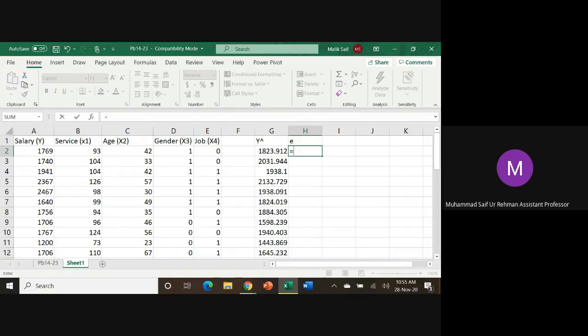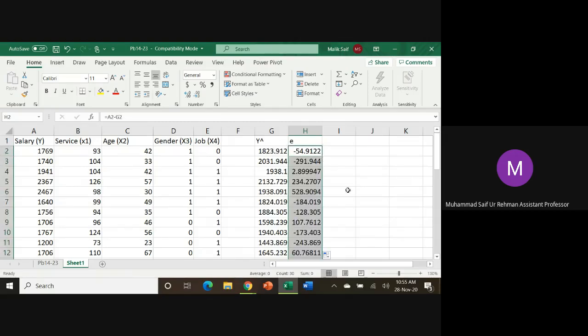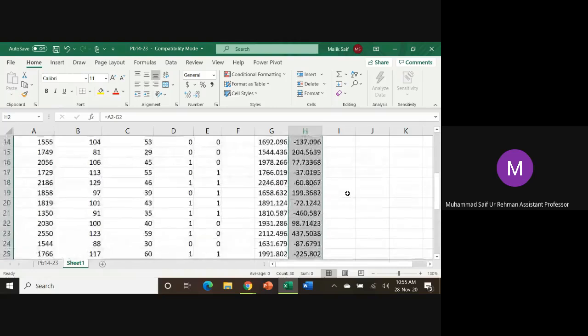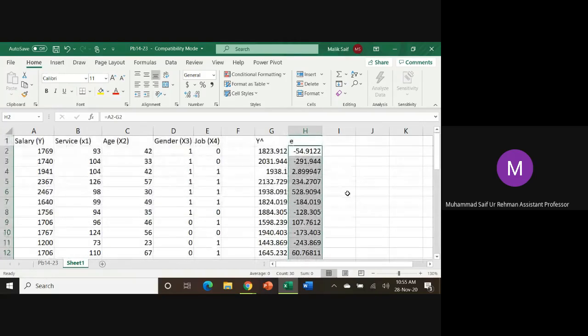So let us see what happens. Write down this value and subtract this value. Press enter. This is the answer. Then simply drag it down, so you will have all the residual values. Fine. So these are the residuals.